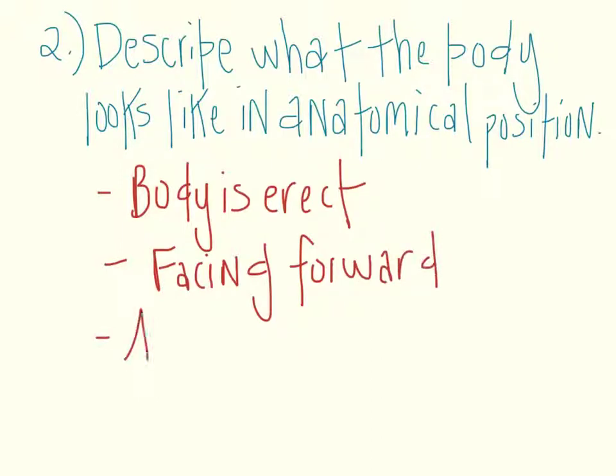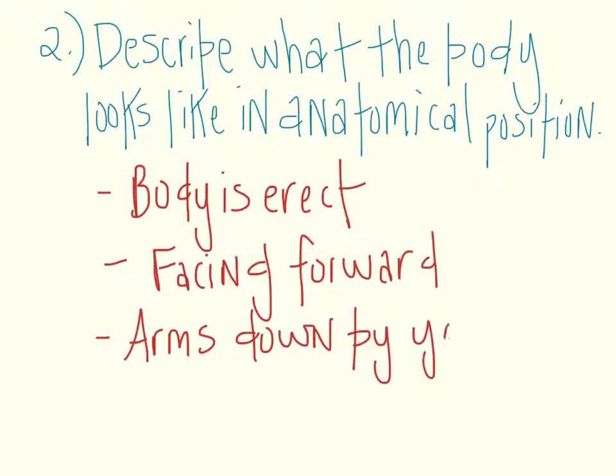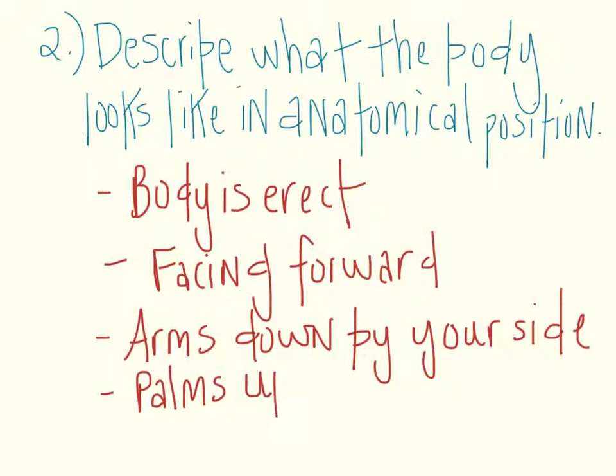And then remember your arms are down by your side. And then the last thing, remember your palms are facing up. So the body is erect, standing straight up. Everything is facing forward, so your eyes, your feet, everything is looking ahead. Arms are down by your side, and palms are up.